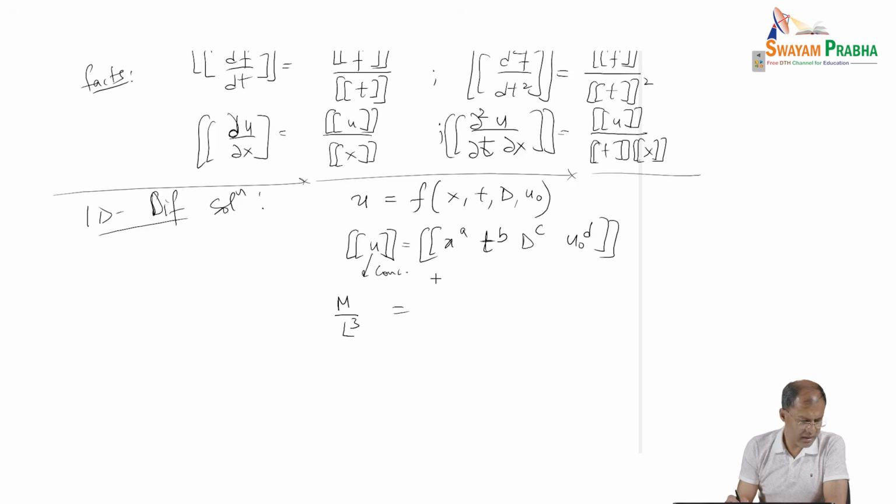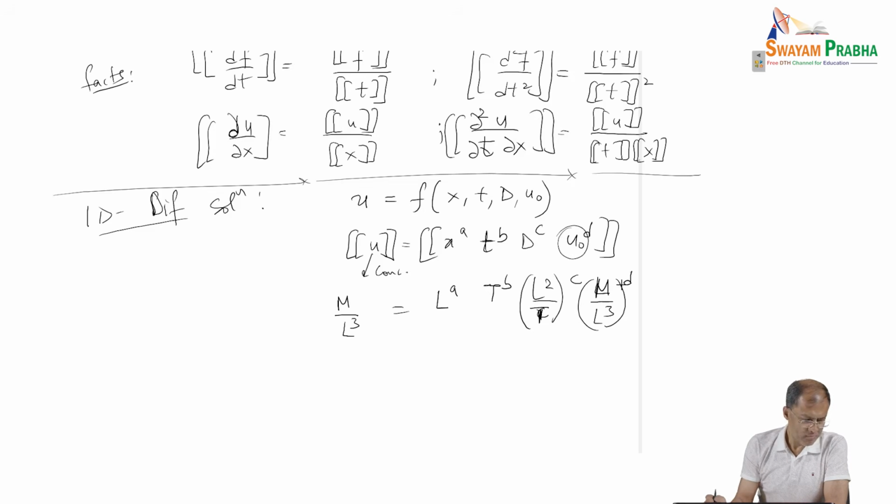Then the dimension on the right hand side is going to be L^a, T^b, (L^2/T)^c, and u naught again is a concentration, so mass per unit volume to the d. This is going to be L to the a plus 2c minus 3d times T to the b minus c times M to the d, and again we set up the equations for L, T and M. We get 3 equations for 4 unknowns.